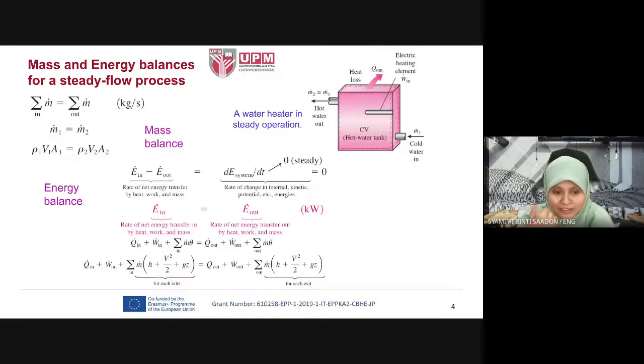Theta is enthalpy h, and V squared over 2, which is the kinetic energy, and g z, which is the potential energy due to gravitational acceleration and altitude. Once we have a change in altitude, there is potential energy, g z. So that is the energy balance of a system, the general equation.